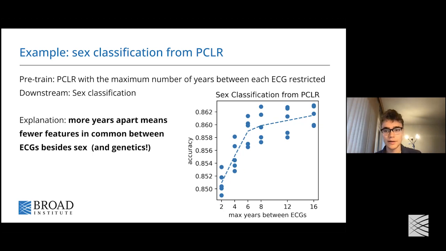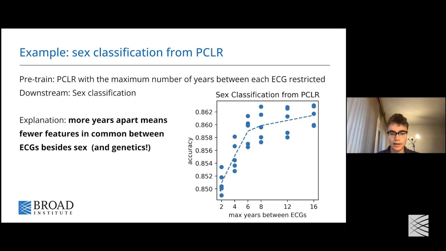For example, we could set the maximum distance in time between two ECGs in the training data for our model to be 2 years apart, which is what you see. These blue dots are cross-validation scores of representations from a 2-years-apart-maximum model. Note that the ECGs could also be 1 year apart in this first model.